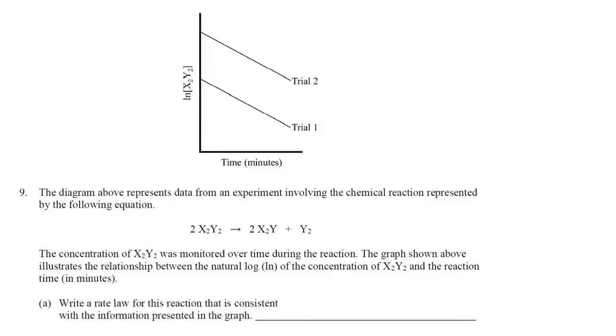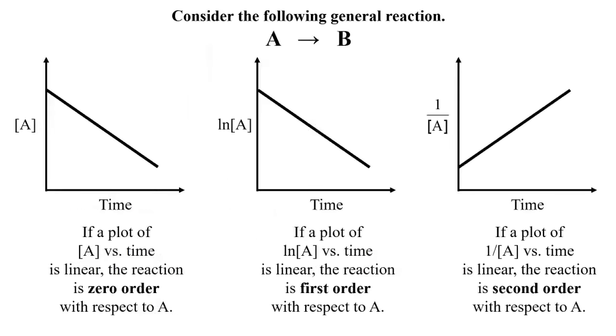So for this rate law, we've got to figure out whether it's zero order, first order, or second order. Now we do have a straight line, but let's focus on the label on the y-axis.